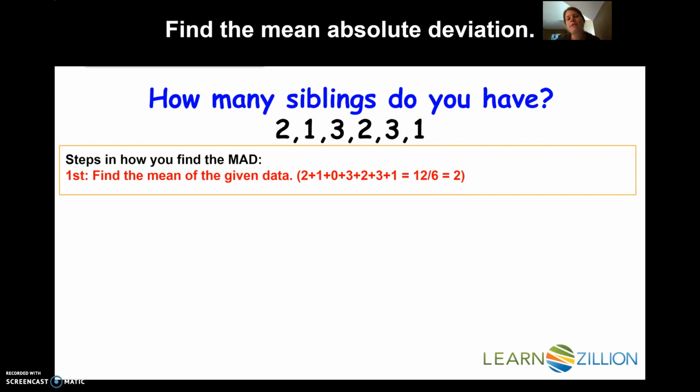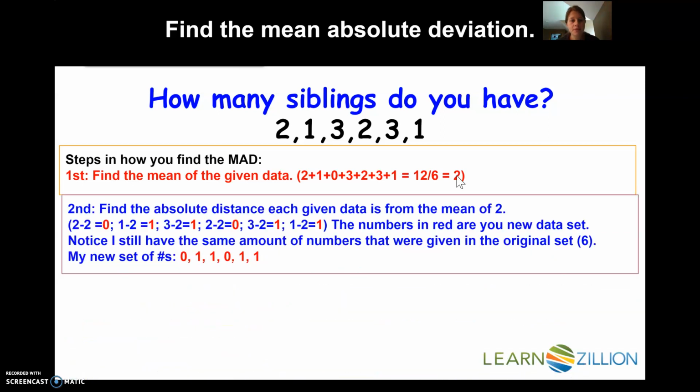Second step is we're going to find the distance each of these numbers is from the mean. So how far away is 2 from 2? 0. How far away is 1 from 2? 1. How far away is 3 from 2? 1. So here's the next step. In red is what I was just saying. 2 from 2 is 0. 1 from 2 is 1 space.